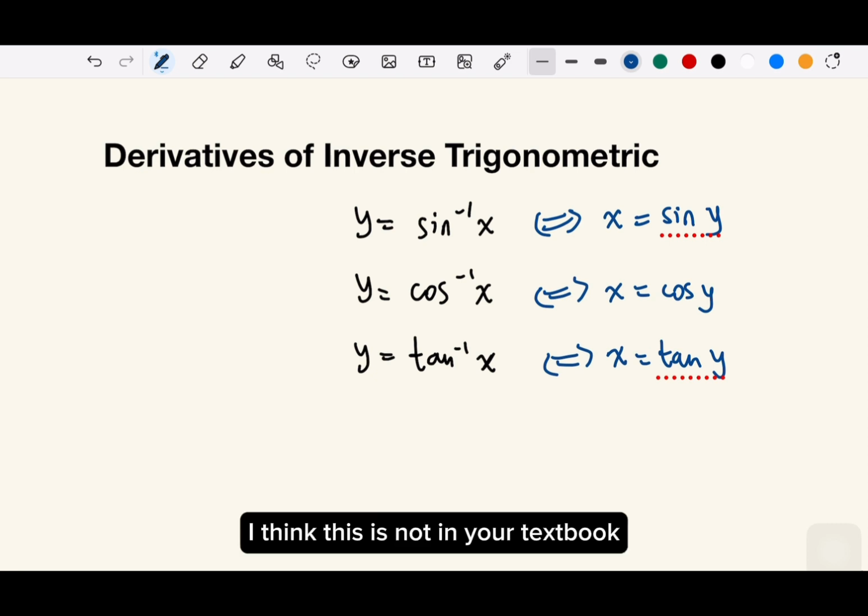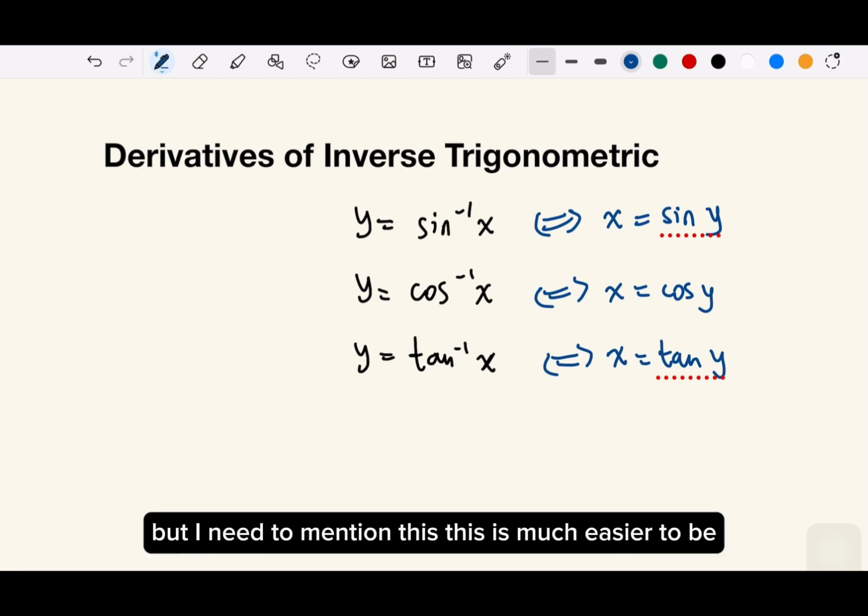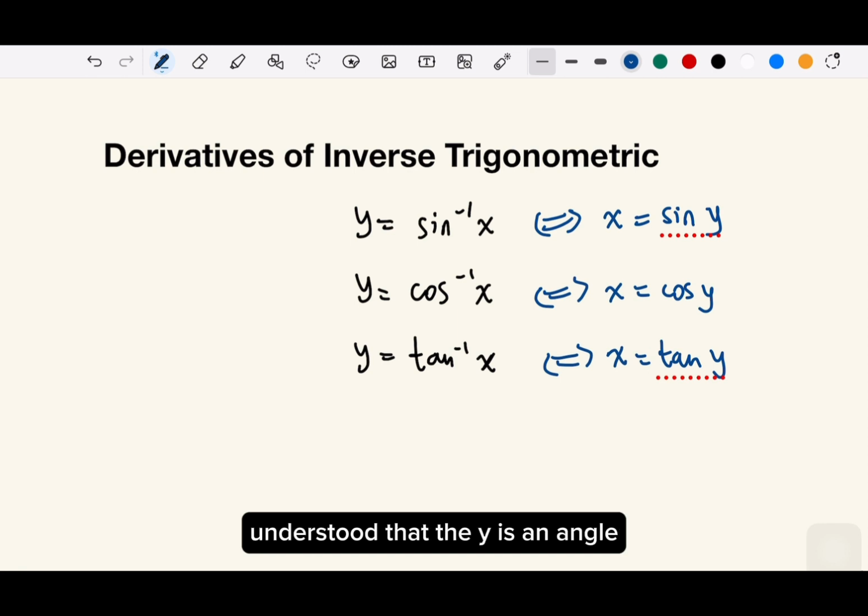I think this is not in your textbook, but I need to mention this. This is much easier to understand, that the y is an angle.